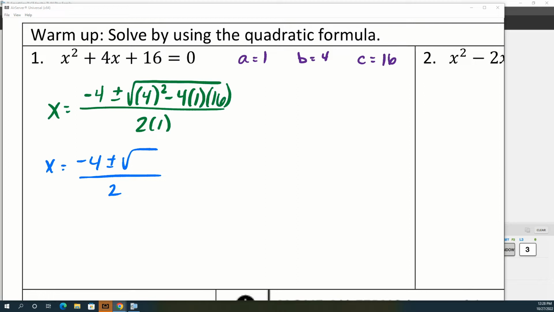Now, your calculator can do a lot of this for you. You wouldn't type in the square root, but you would type in what's underneath it. So not the square root, just 4 squared minus 4 times 1 times 16. And you should get negative 48.